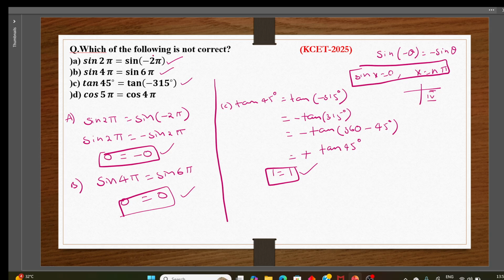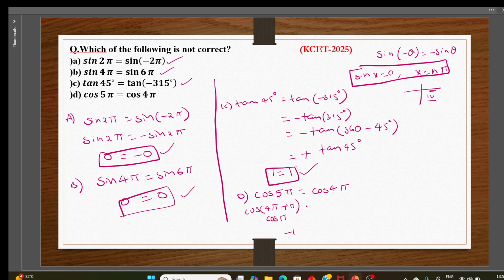So the third option is correct. Which of the following is not correct means check option D. Option D: cos 5 pi is equal to cos 4 pi. Cos 5 pi is also written as cos of 4 pi plus pi, which means cos pi.